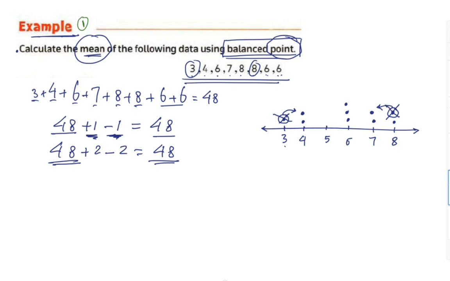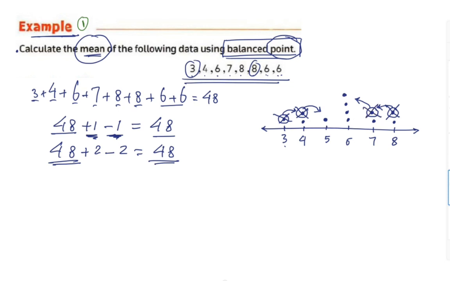After that, I will move this one another step, I put it here. Now I add 1, I need to subtract another 1. So please subtract this dot and send it to here and delete it from here.